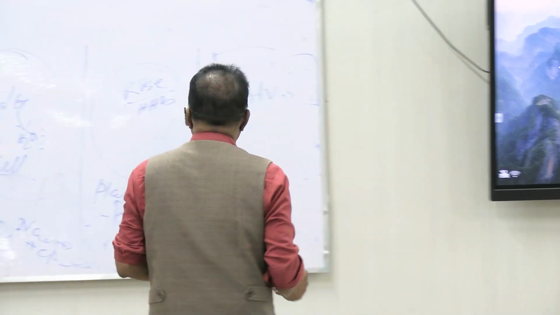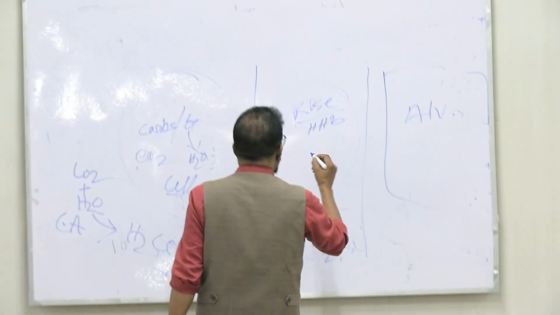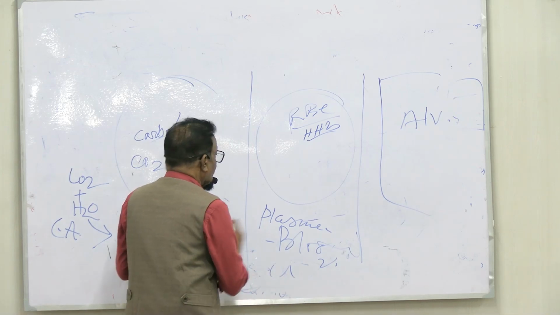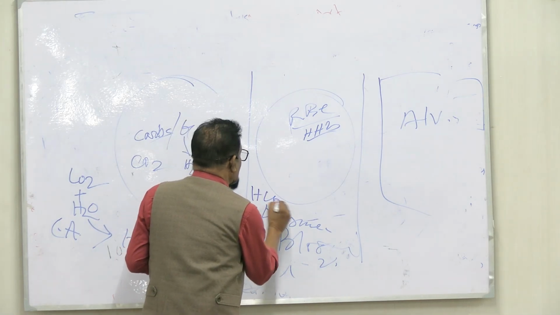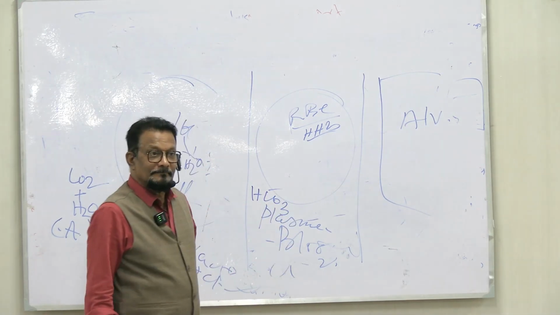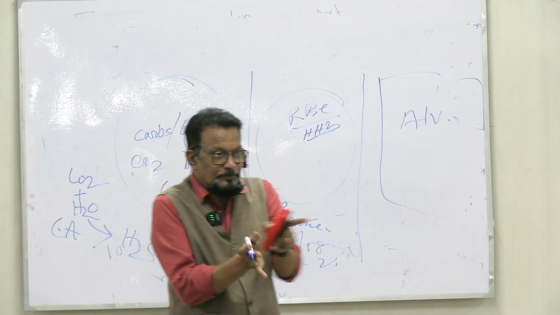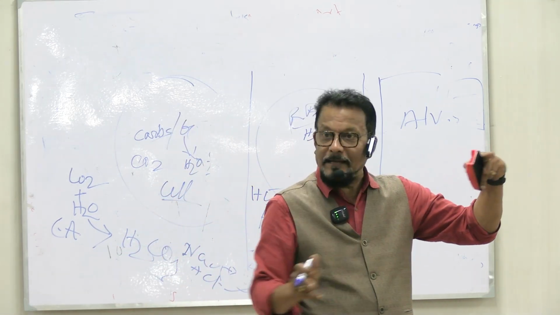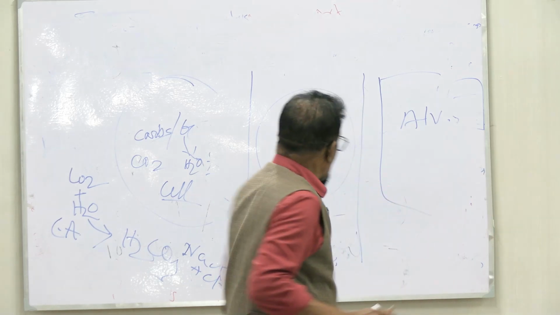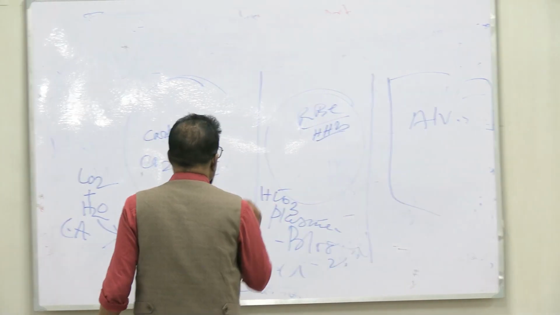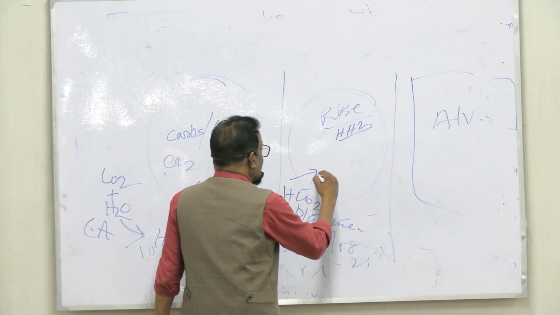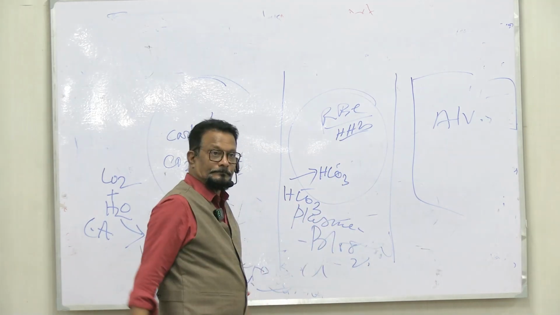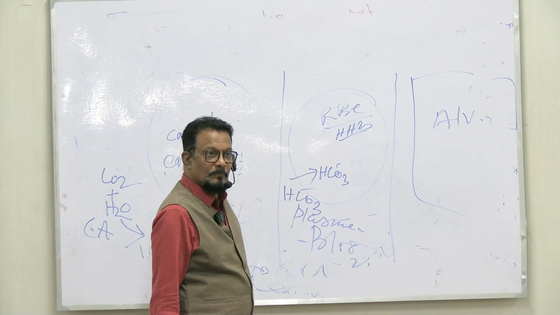Okay. So there is HHb. In the plasma there is bicarbonate ion, sodium bicarbonate. Here it will be dissociated into sodium and bicarbonate ion. Now this bicarbonate ion will enter into the RBC. Okay.